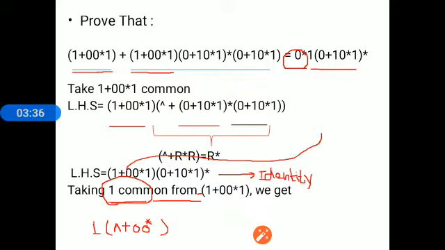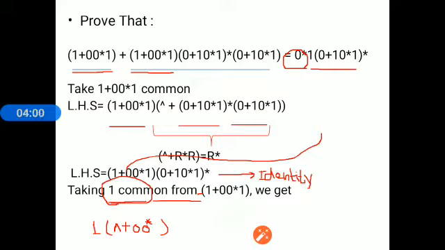So, the remaining part is 0 star 1, that we have to prove. That means anyhow we have to prove that the first bracket 1 plus 0 0 star 1 is equal to 0 star 1. By taking 1 common from the very first term, that is from 1 plus 0 0 star 1, we get 1, take 1 as common.